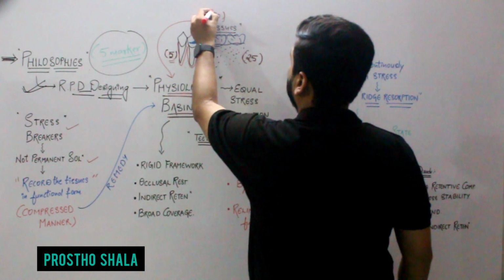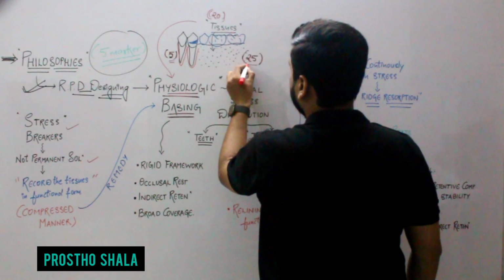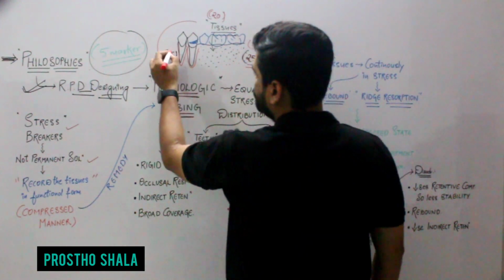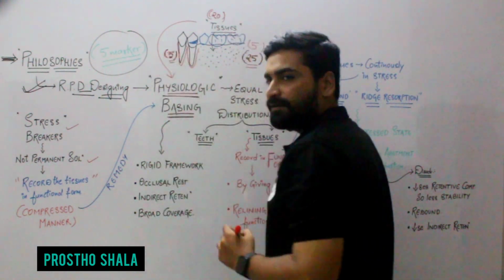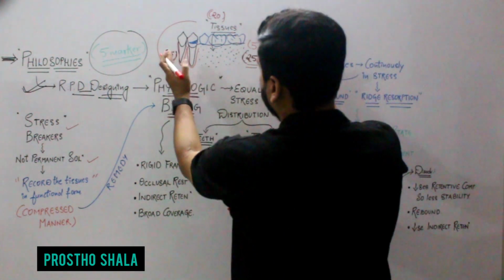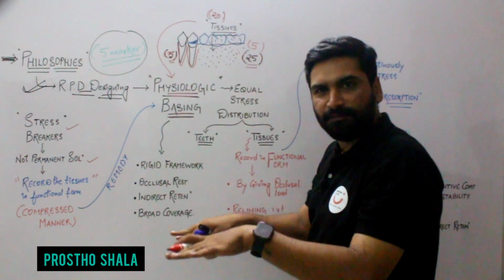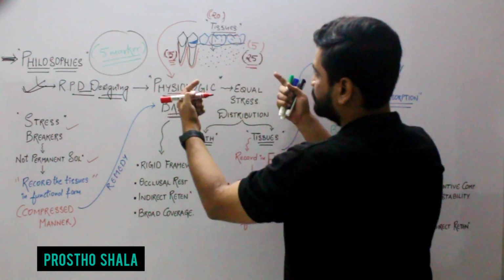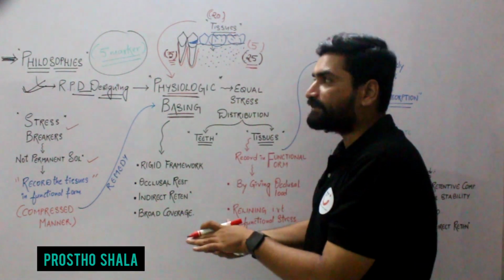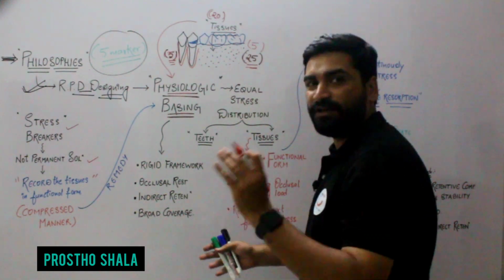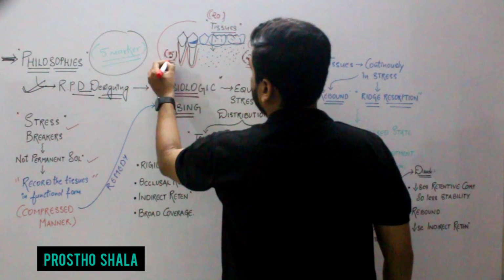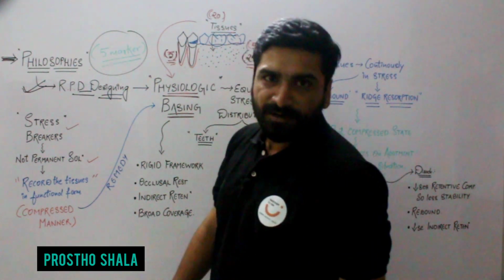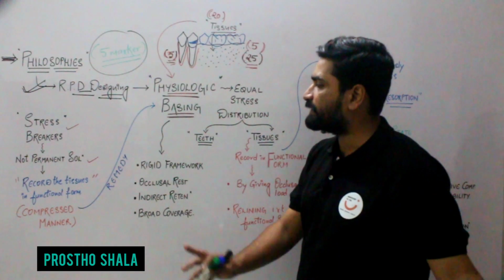If you compress the tissues by 20, you are left with 5 values remaining of tissue and 5 values remaining of the periodontal ligament or the teeth. Now both are 5, so they both get compressed at the same rate. When it was 25 and 5, there was a difference. But if you record the impression such that you compress the tissue by 20 and leave only 5, then you have an equal 5 on both sides, which is a more advantageous situation compared to the previous philosophy.